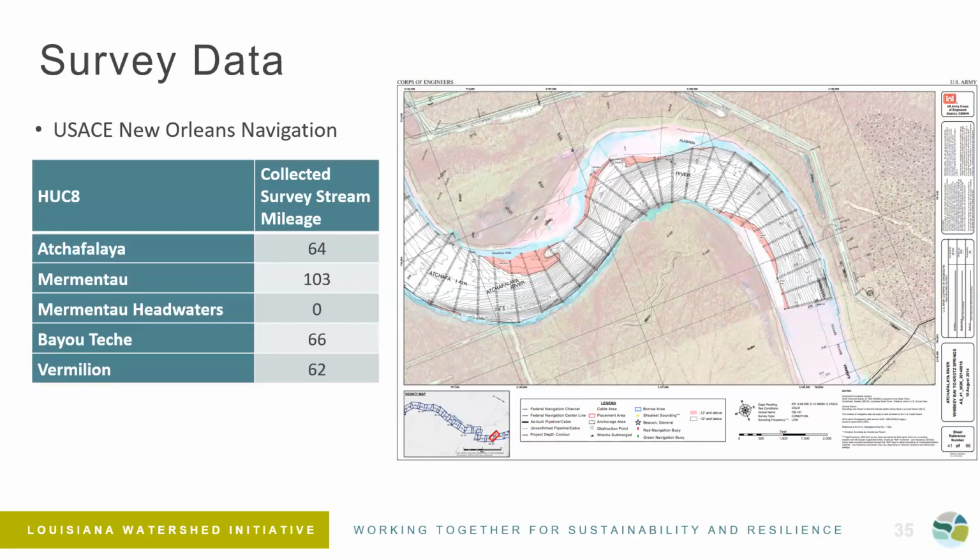So you can see here the total mileage that we were able to download and process. This doesn't include survey and bathymetry that we were able to extract from the FEMA models and other models that were already available. This is just the stuff from the Corps of Engineers here. The image on the right is what this looks like in PDF form and the raw format from the Corps' website.